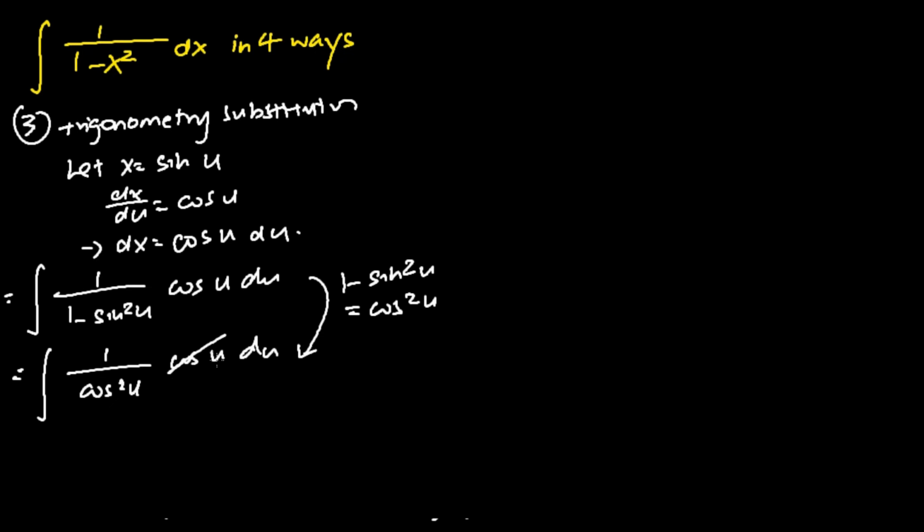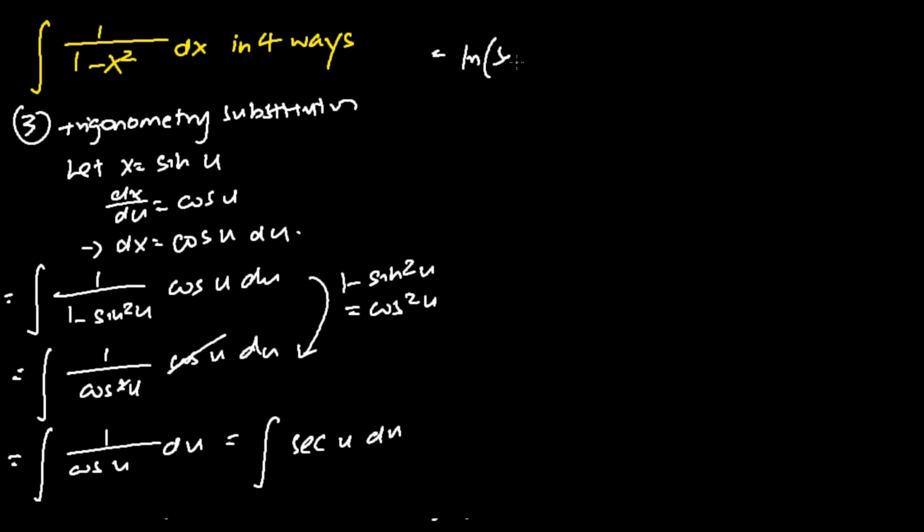I can just cancel, simplify, and we get 1 over cosine u du. This is the same as just integrating secant u du. So the integral of secant u du would be the ln of secant u plus tangent u plus c.